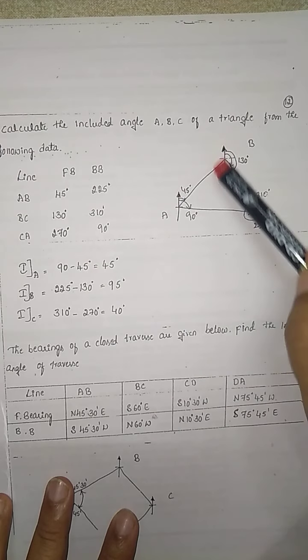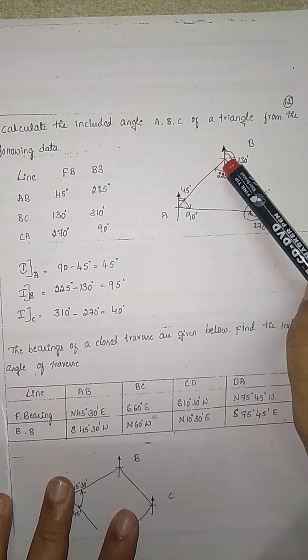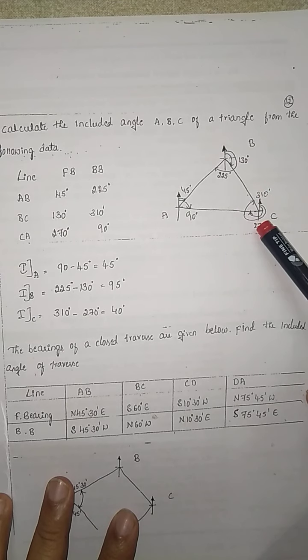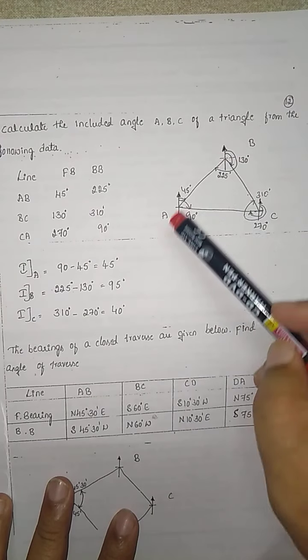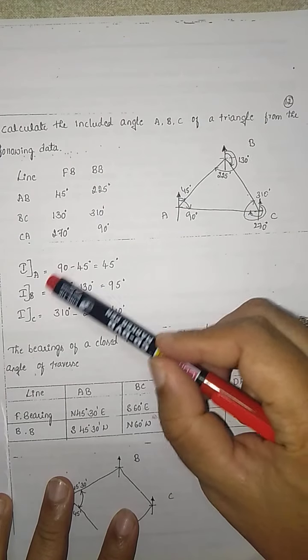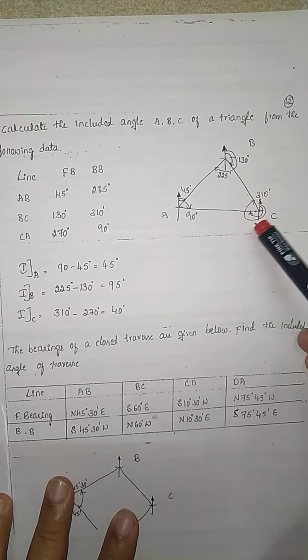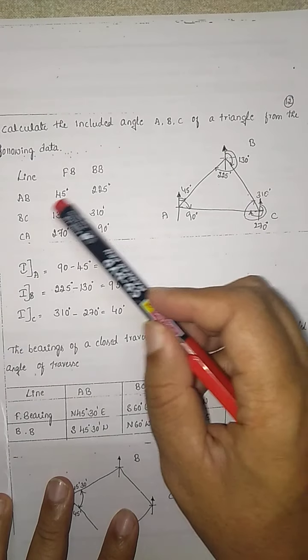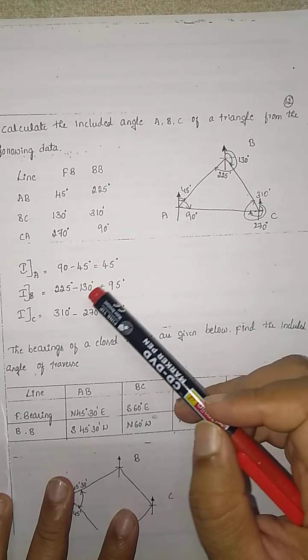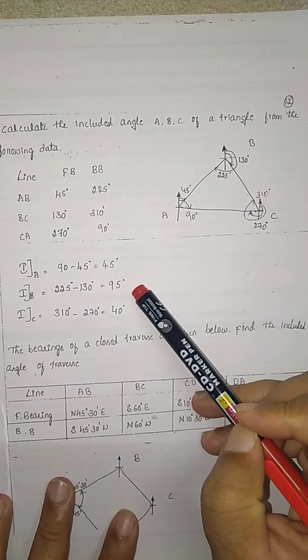Now if you come to B, how are you going to calculate it? Back bearing of the line BA, and minus fore bearing of the line BC. So what is the back bearing of the line BA? It is 225. So it is written over here: 225 minus the fore bearing of the line BC. It is 130 degrees. So it is 95 degrees. Then the included angle for B is 95 degrees.